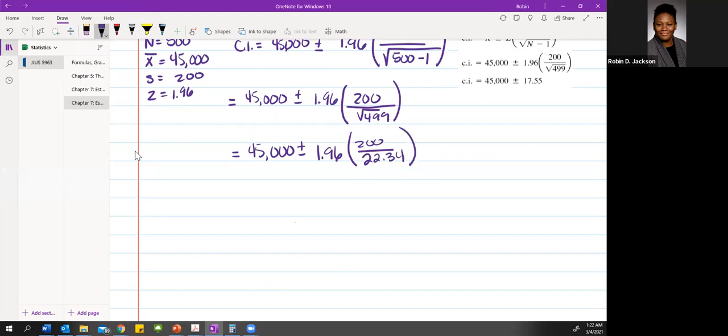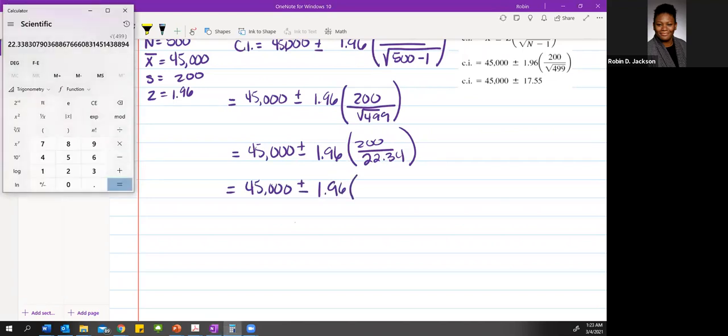So here, that's going to be equal to 45,000 plus or minus 1.96. Let's do this calculation real quick. 200 divided by 22.34 gives us 8.95, and that 5 is followed by a 2, so we don't need to round up.